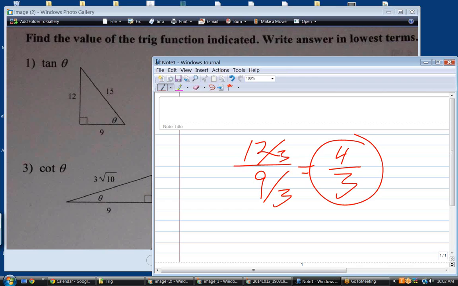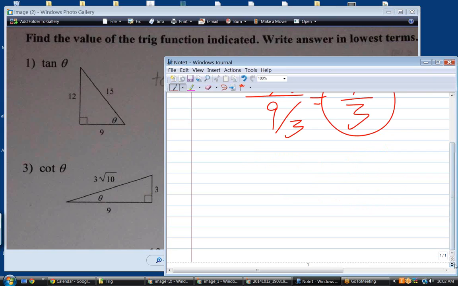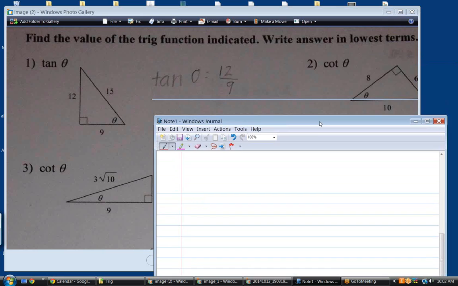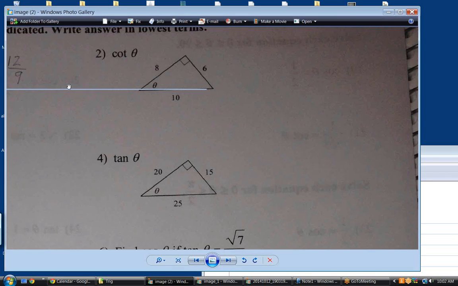Okay. And how about number 3? So 9 over 3. So just 3. Okay. And up here, number 2.